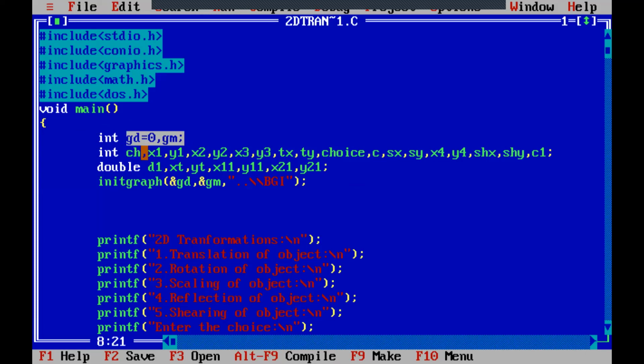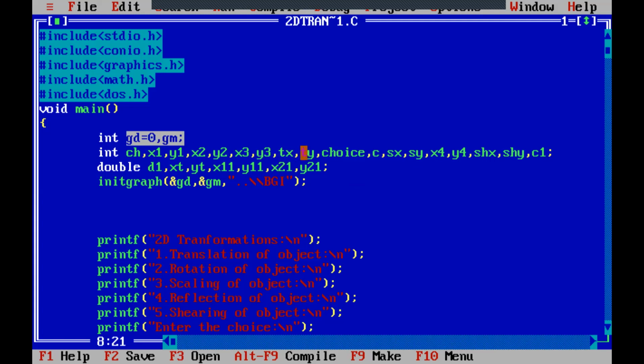Then we have these parameters x1, y1, x2, y2, x3, y3. These parameters are required to accept the object, because your object is a two-dimensional object and we are going to see the transformations on this object, and that's why the coordinates of the object are these.